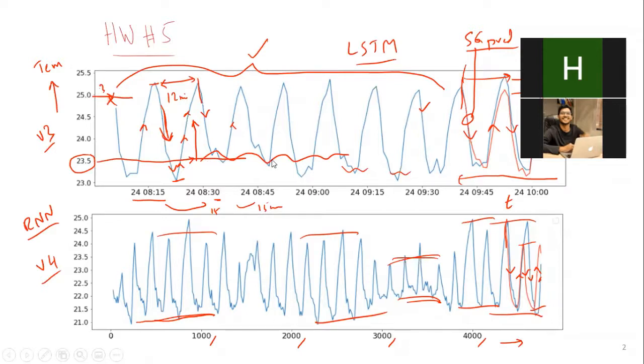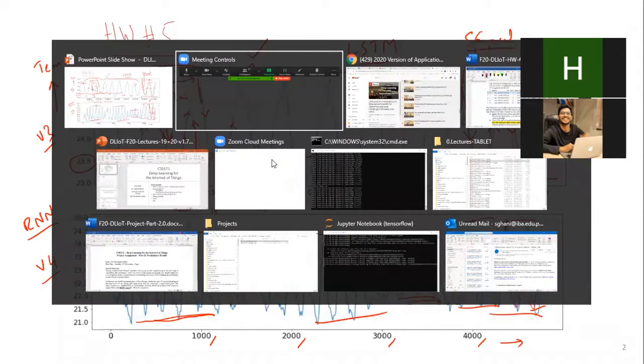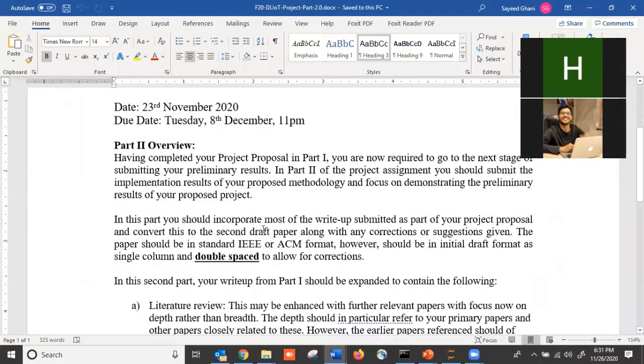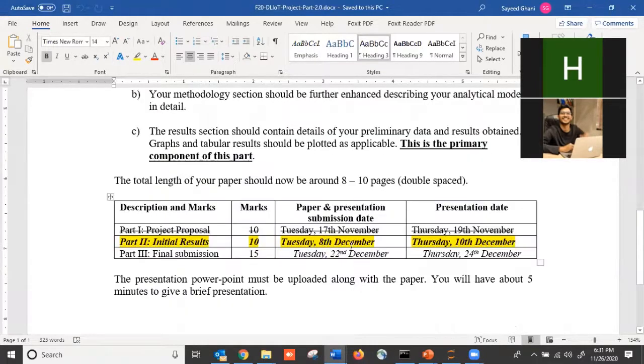So any further questions about this? If not, let me just remind you that the second part of the project is also now due. That's due a week later. And in this part, as you're already familiar, just like before, you're supposed to give a presentation on the 8th, and then on the 10th you have the second part.